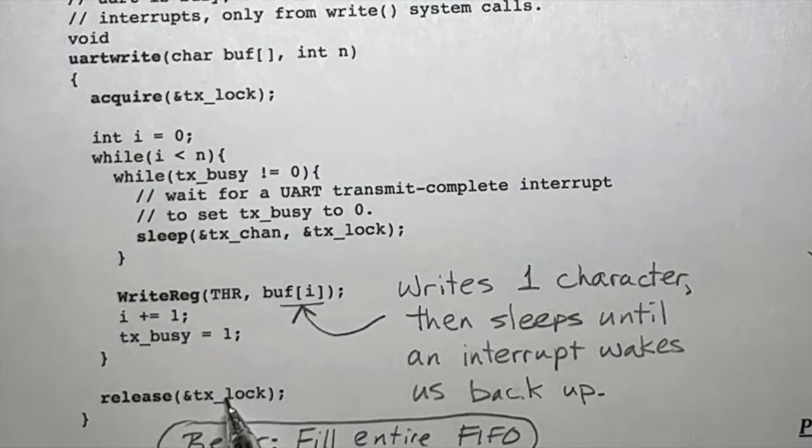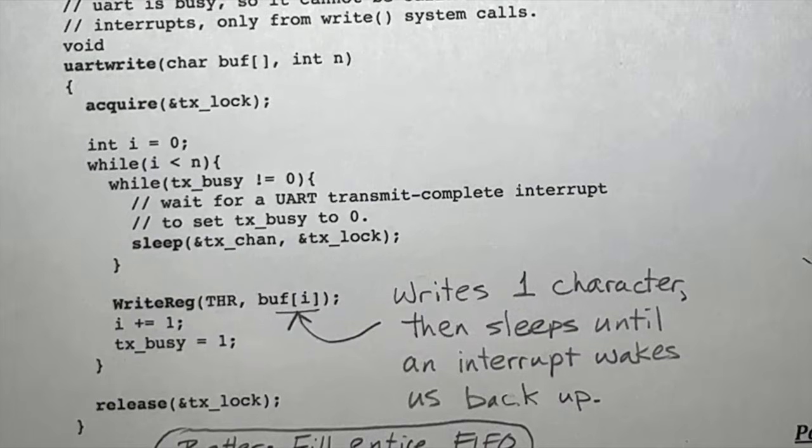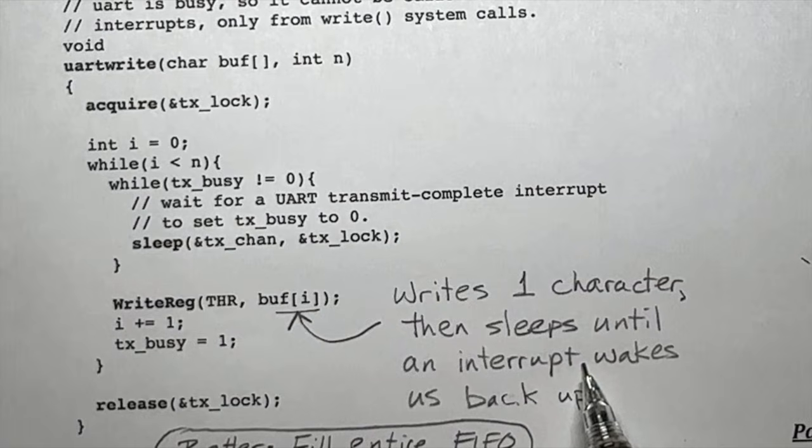The approach taken here is simple, and it works just fine. But I feel compelled to mention that this design fails to utilize the FIFO queue on the 16550A chip. This code always puts only a single character in the FIFO queue. Then it sets txBusy and waits until it's sent, and the FIFO queue is once again empty.